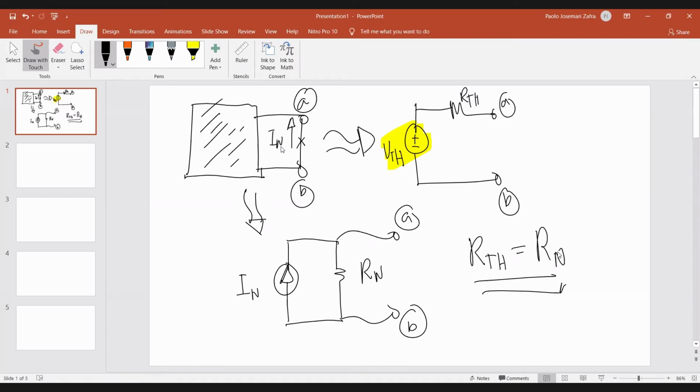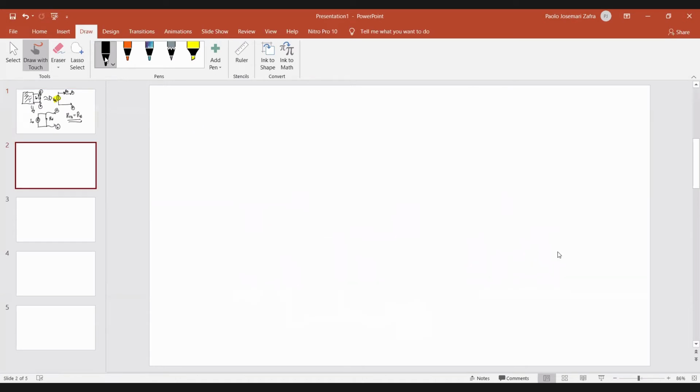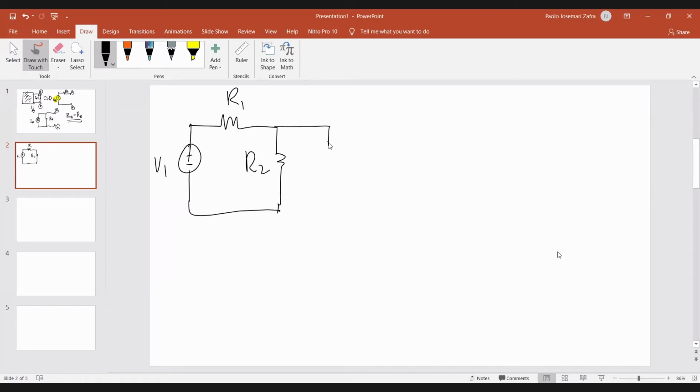Okay, so let me demonstrate that through the actual diagram that we'll be using. So this is your V1 connected in series with R1, shunted across your load is your R2, and you also have your terminals of interest.